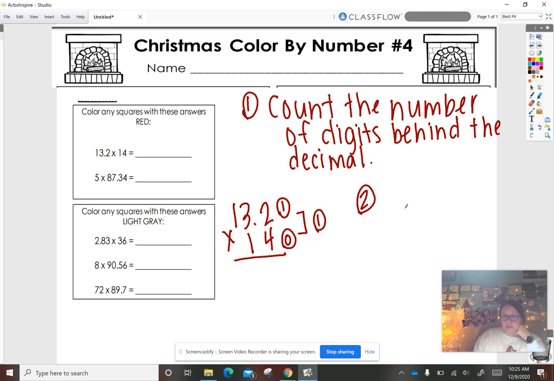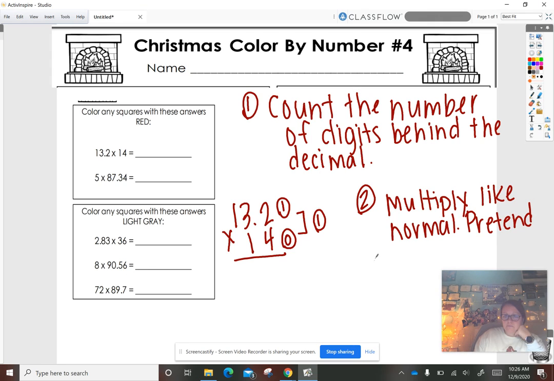So step 2, multiply like normal. Pretend there is no decimal. Okay, so let's multiply. 4 times 2 is 8. 4 times 3 is 12.